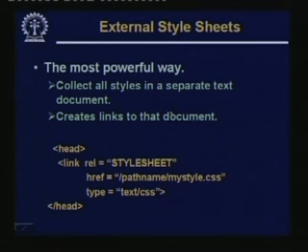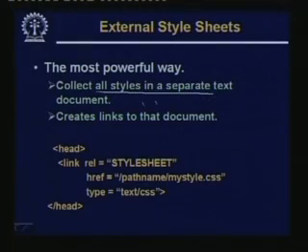And external style sheet, as I said, this is exactly what I told you, that we can define all these styles together and store it somewhere else in some other file. This is external style sheet. You collect all these styles in a separate document and you create links to that document. There is a link tag using which you can link a style sheet.